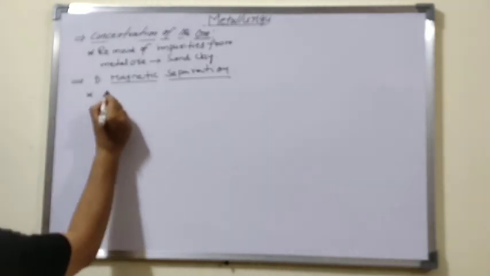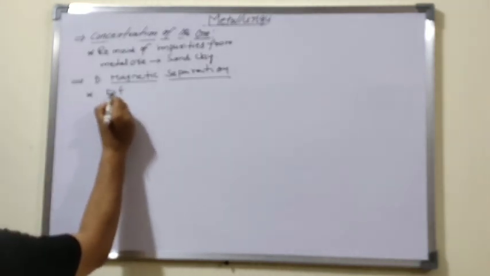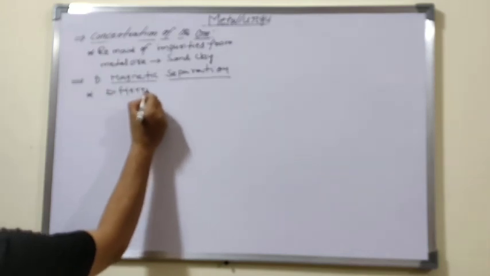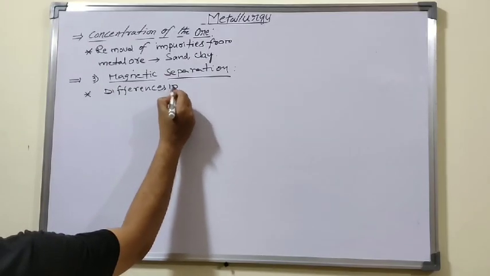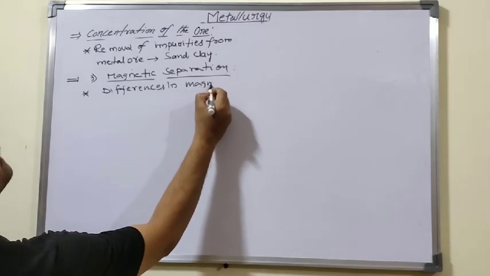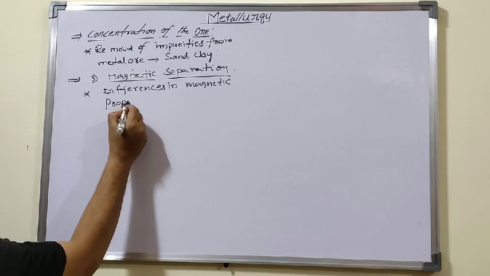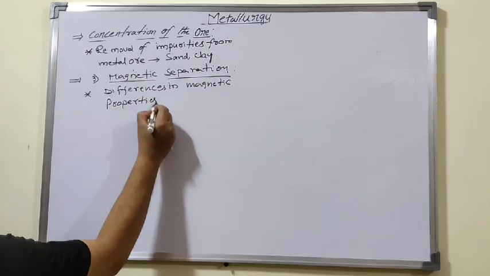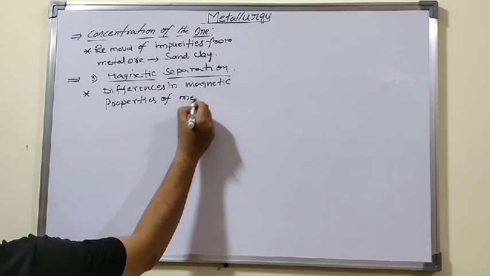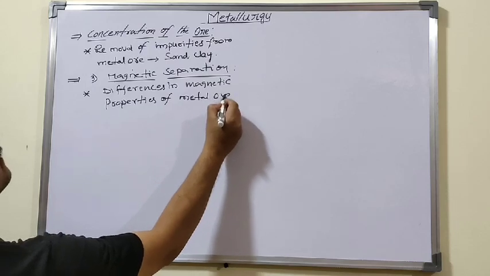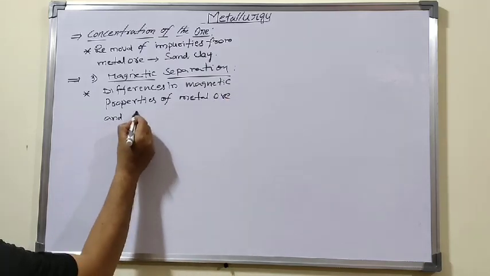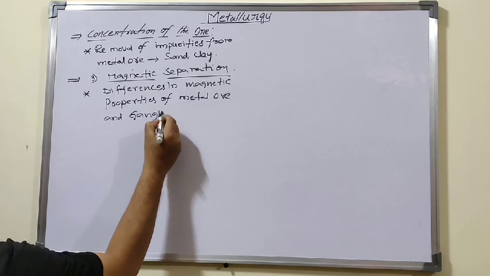It is based on differences in magnetic properties of metal ore and gangue particles.